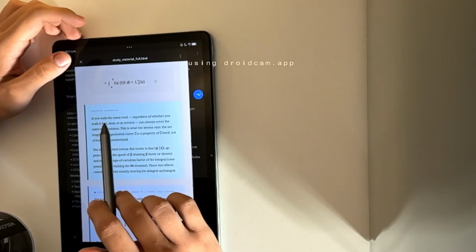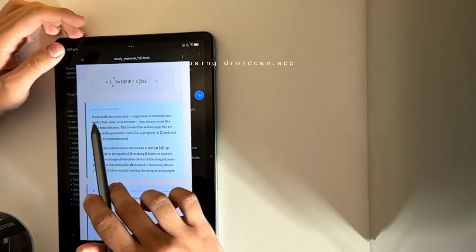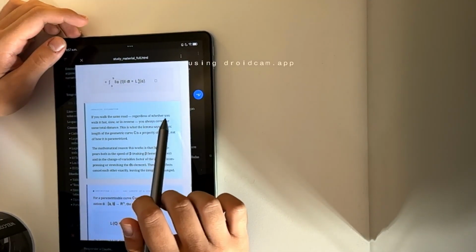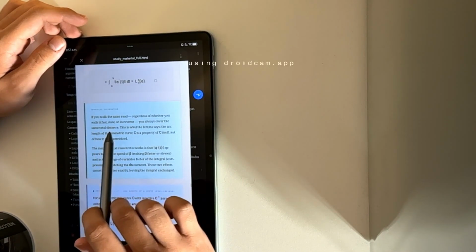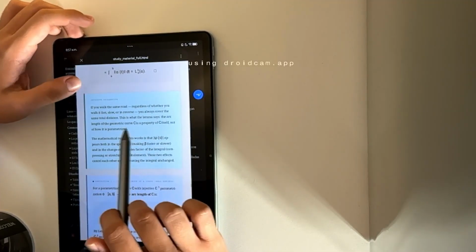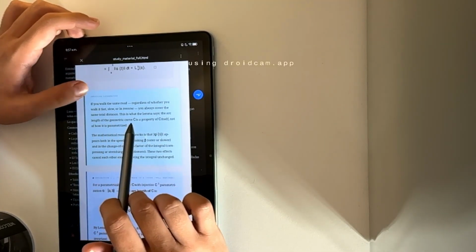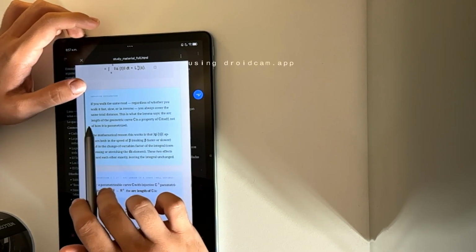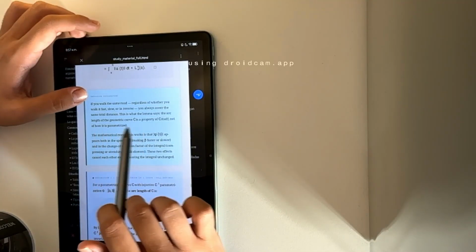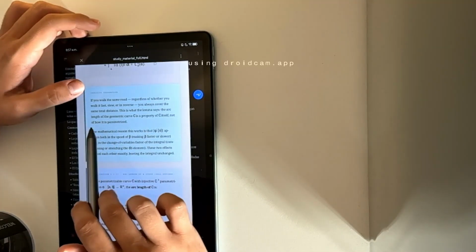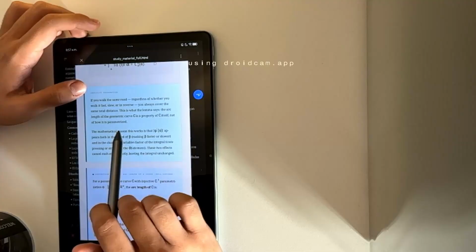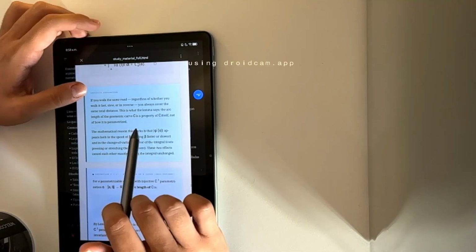So the intuitive explanation is, if you walk the same road, regardless of whether you walk it fast, slow, or in reverse, you always cover the same total distance. This is what the lemma says. The arc length of the geometric curve C is a property of C itself, not of how it is parametrized.